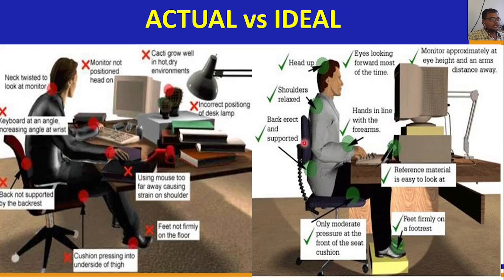The hands are in line with the forearms, so you don't feel pain over the elbows or the upper limb. And you could see that the feet are firmly on a footrest. There is another option where the feet can be completely on the floor too, right? And the monitor is exactly at eyesight height, so you don't feel the eyes straining much when you work for longer hours. So this is the ideal system.